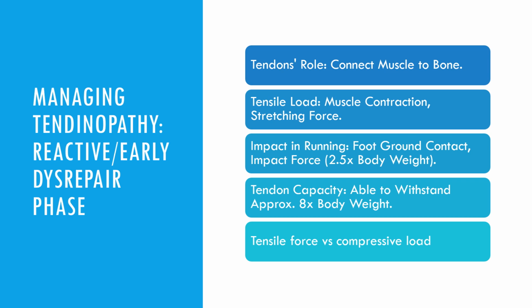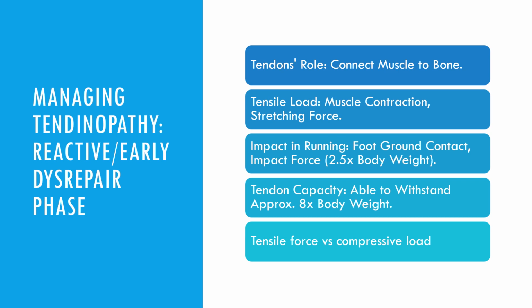Now, tendons connect muscle to bone, and as a result, are placed under a great deal of tension during activities that involve the muscle contracting or resisting a stretching force. This is what we mean by tensile force or tensile load. Each time your foot hits the ground during running or playing sport, your body has to deal with an impact force equal to roughly 2.5 times your body weight.